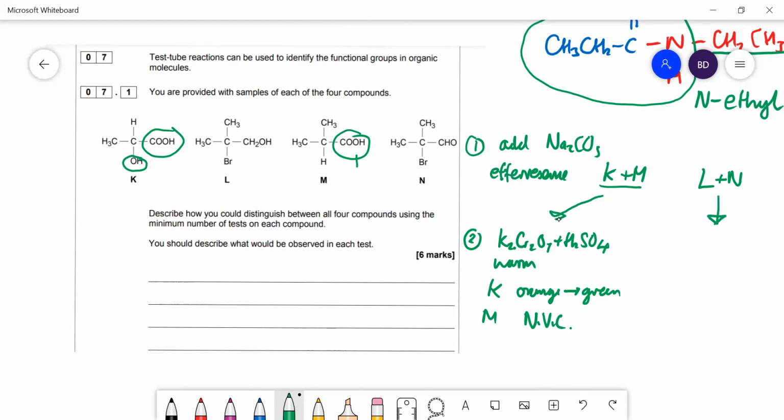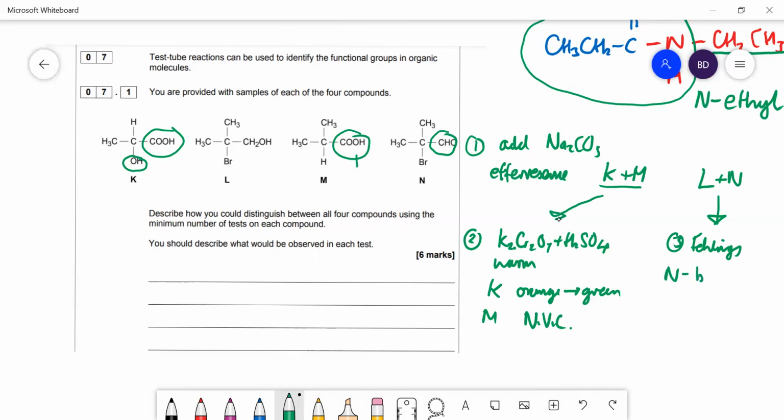So you've done 2 tests now, but now we've got to distinguish between L and N. A good way of doing that, I think the only way really, is if you look, that's got an aldehyde group, which of course will give a positive reaction with Fehling's test, or with Tollens' test. Let's say Fehling's. So do Fehling's on both of them. That's our 3rd test. N will give you a positive test.